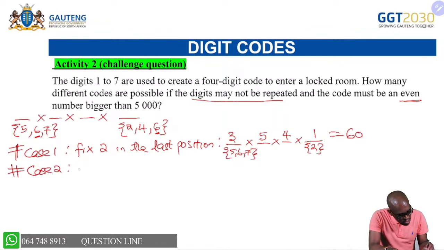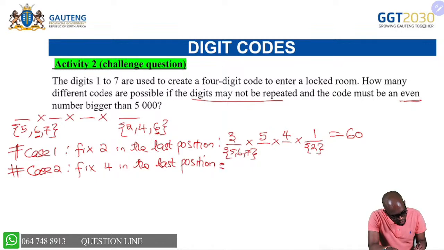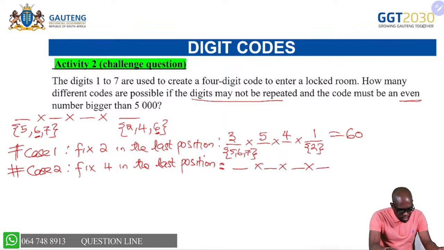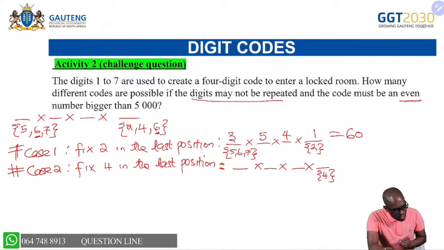Case 2. In case 2, I fix 4 in the last position. So I would have 1, 2, 3, 4 digits. If I fix 4 in the last position, then I would have a 4 here that I've fixed.